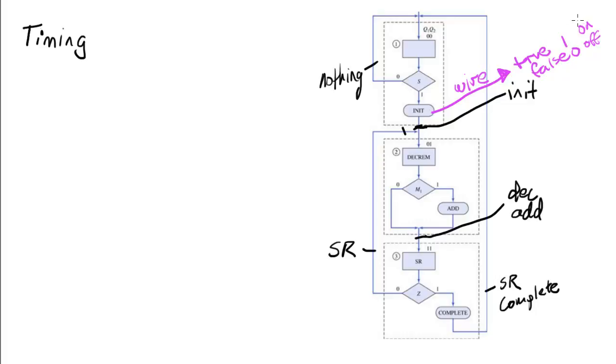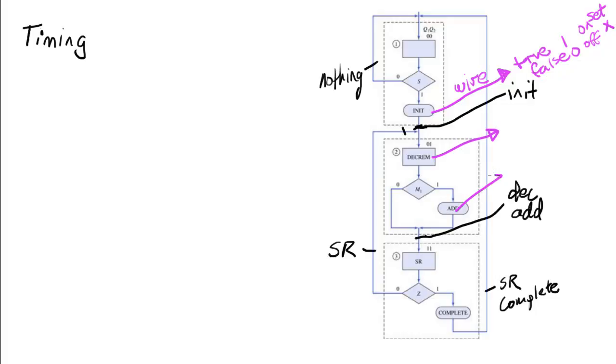It's set or it's not set. That wire has to be set before the clock tick occurs. And that wire's value triggers this init. We set this wire decrement. It's a wire coming out. And that wire's value triggers the decrement down here.